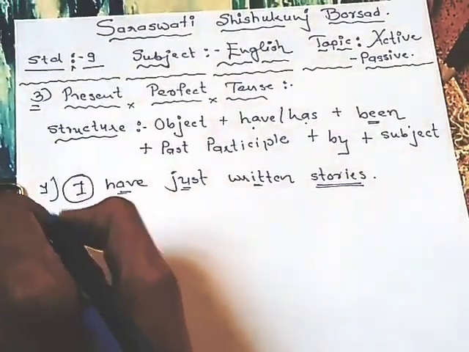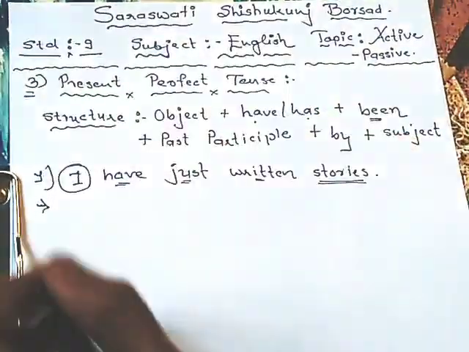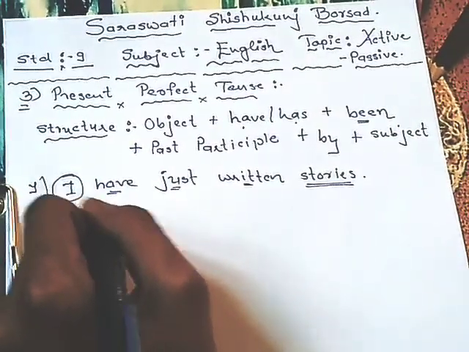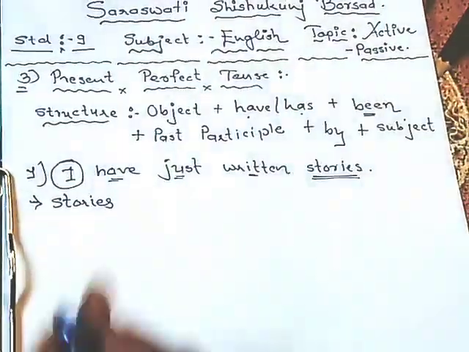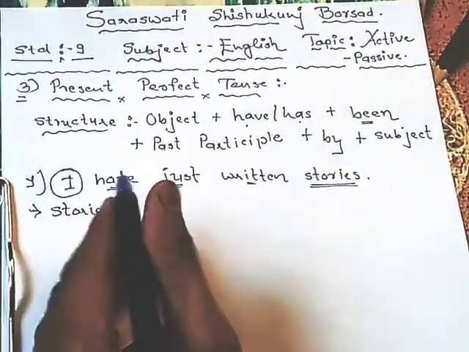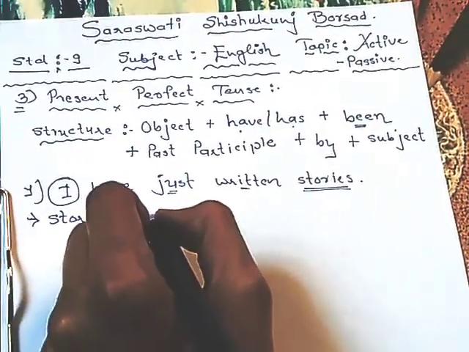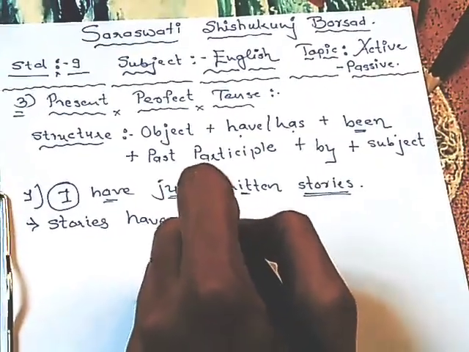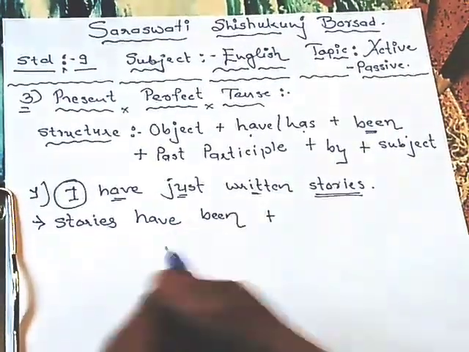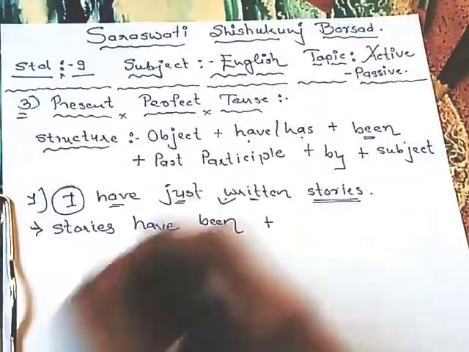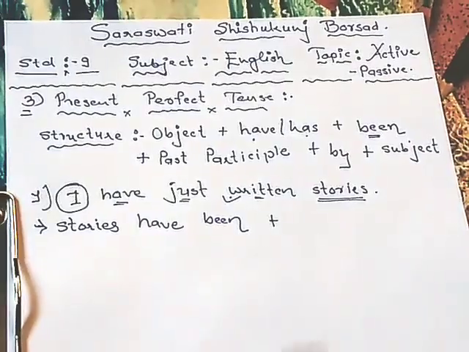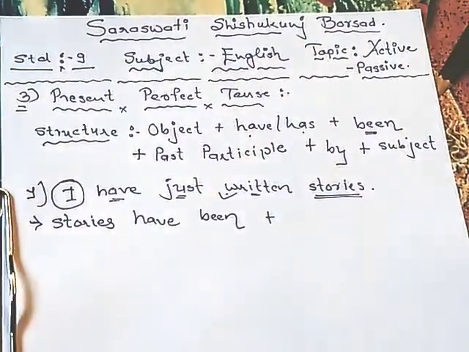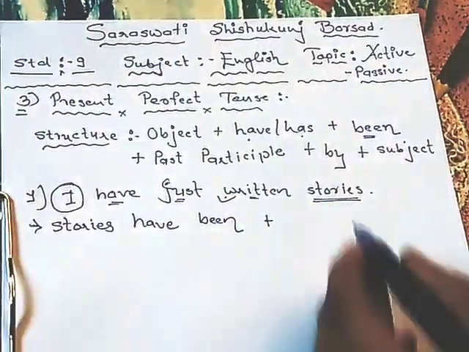Now as you know, we have to put the object in the very beginning, stories. Then have or has. Here stories is plural, that's why we put have. Then we have to put been plus past participle. The past participle is already given here, so we write the same form, but before that you have to add just.